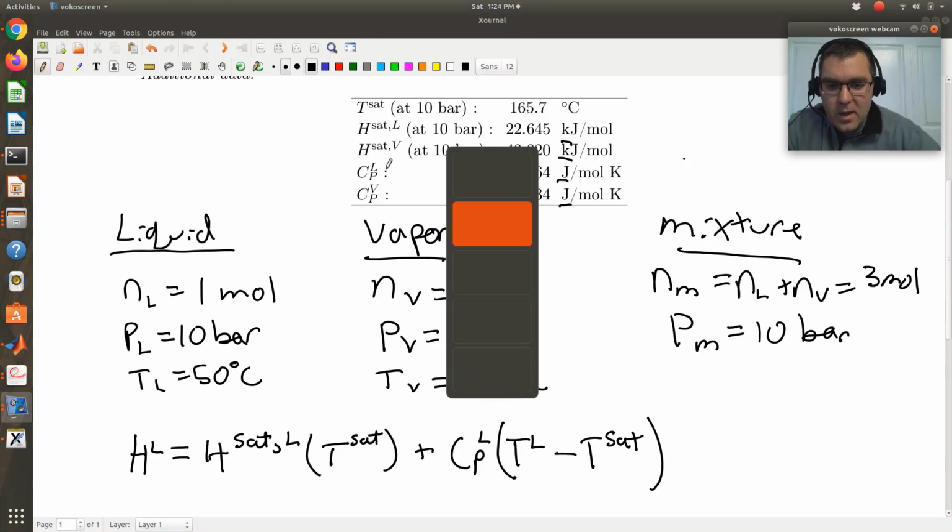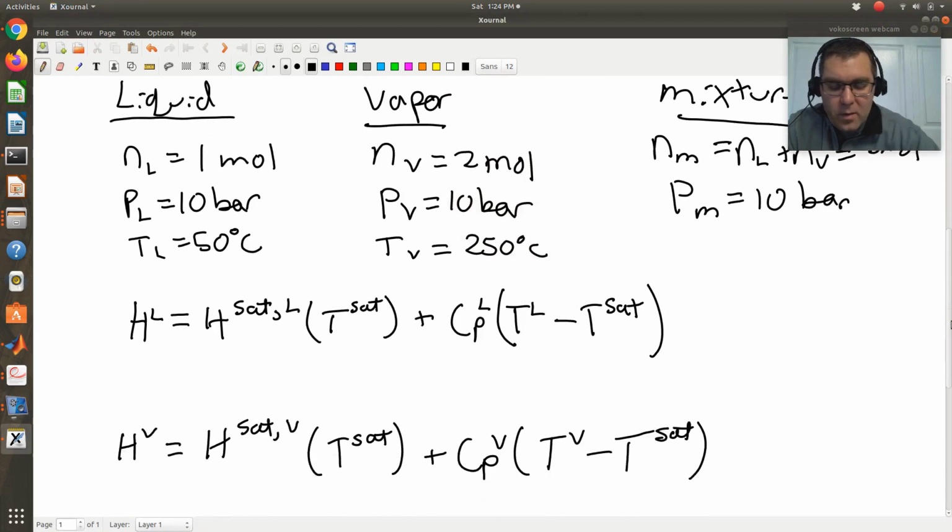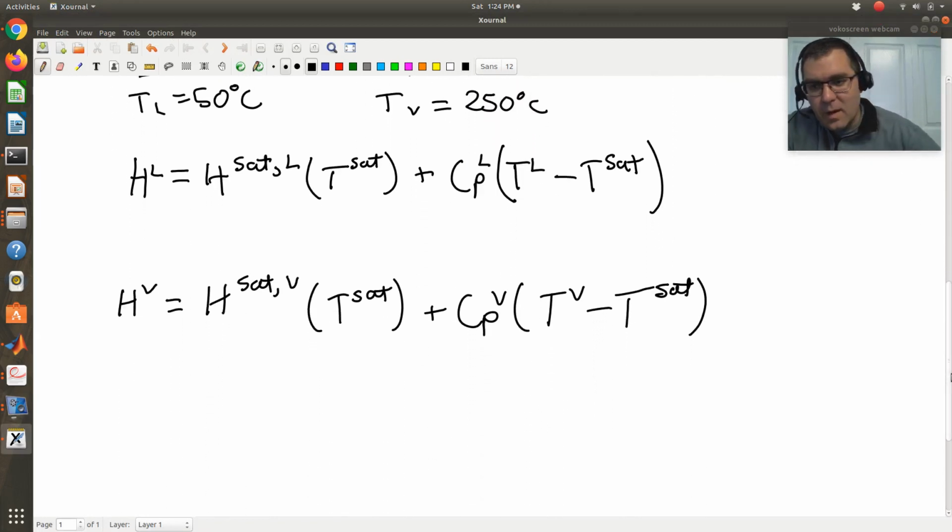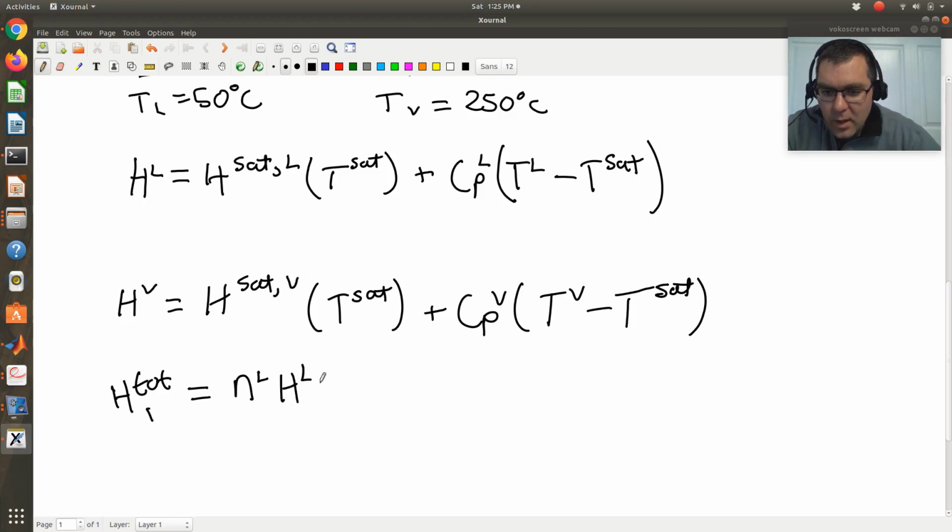Okay, and before I run it, what I want is the total enthalpy of that starting system. Maybe I could take this to be some state 1. My total initial enthalpy would be equal to NL times HL plus NV times HV. And if I wanted an intensive value, I could just divide by the total number of moles, which is 3.